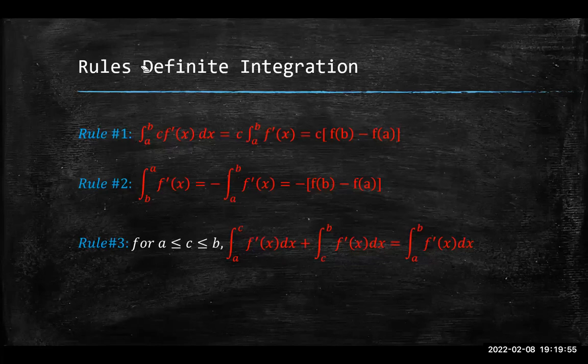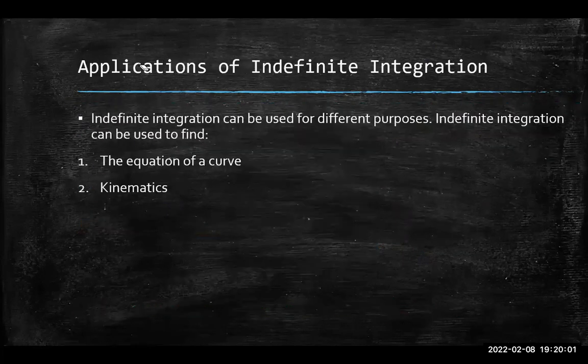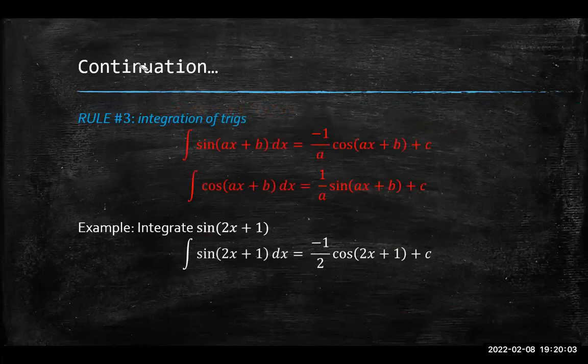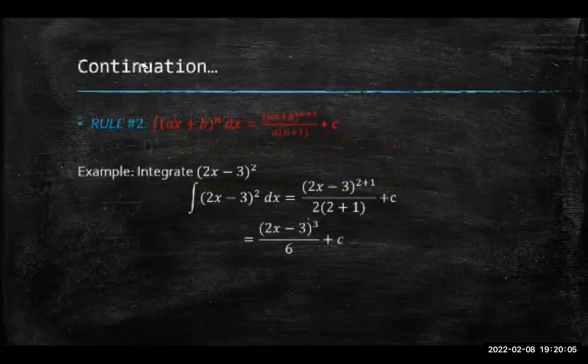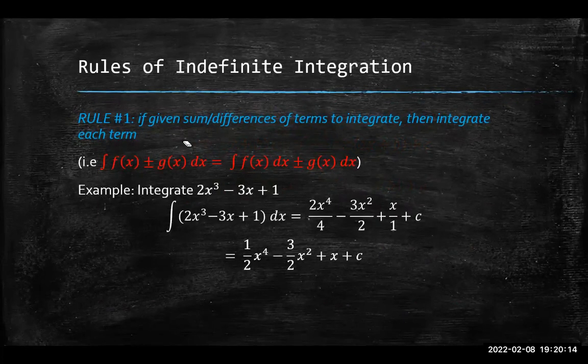Oh, and note, let me just go back real quick. This PowerPoint is so long. So you see rules like these, given sums and differences, you still have to integrate each term separately.